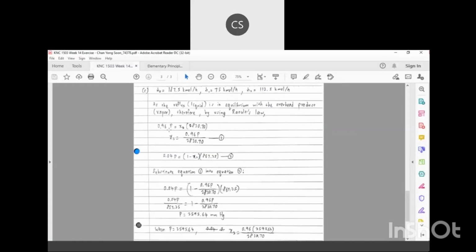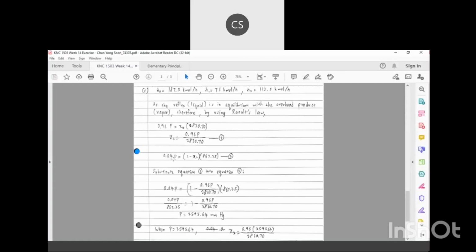Because this 0.961 is the mole fraction of butane in the vapor phase, it means that the remaining 0.04, which is the mole fraction of the pentane in vapor phase one, belongs to the pentane one. So you have to build another equation for the pentane one.